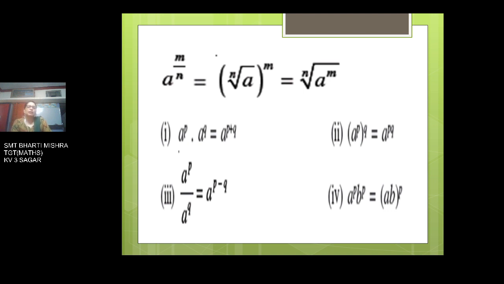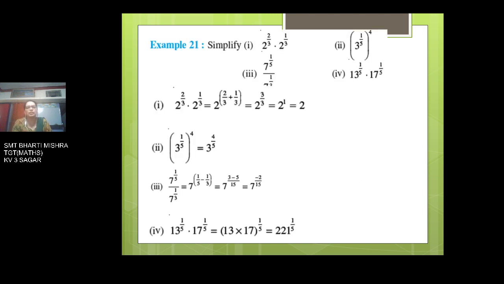Now further, a to the power p into a to the power q is equal to a to the power p plus q. Here we are just generalizing whatever laws of exponents you have studied. Then double power, in place of m and n we are having p and q. So I want to correlate that like m and n we can use p and q and also have the same laws of exponents.